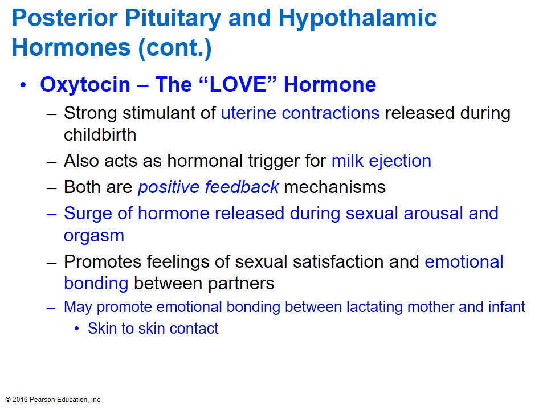Oxytocin is also often discussed in the case of natural childbirth because when a woman starts to have contractions, it's due to the fact that the brain releases oxytocin, and oxytocin will travel to the uterus and cause it to start contracting. And in this case, childbirth is actually an example of a positive feedback system.